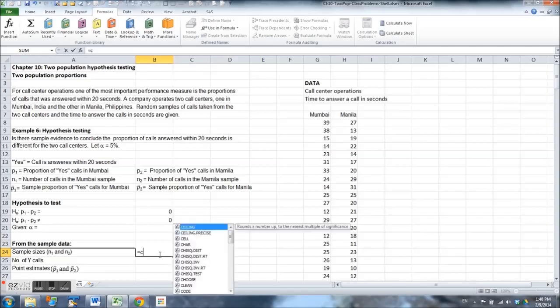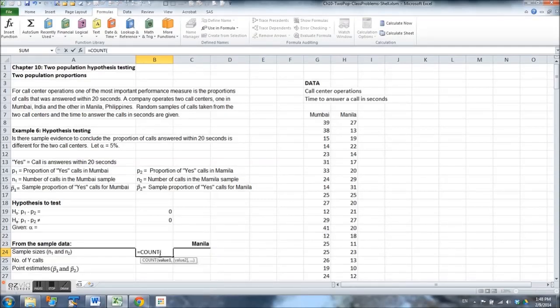So we can say sample size is now count Mumbai. Okay, the number of S calls is count if we want to count the Mumbai calls, and we want to see whether it is less than or equal to 20 seconds and count only those calls.